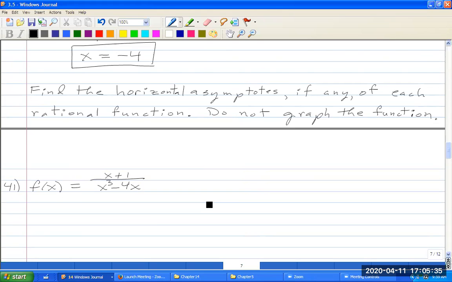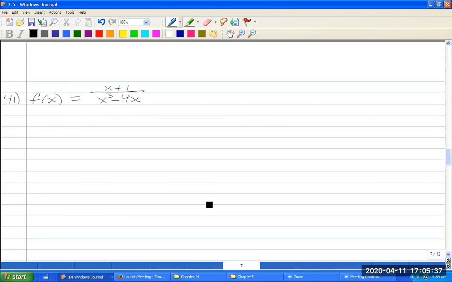Do not graph the function. Okay. I can state this several different ways, so let me do this more than one way. Horizontal asymptote.